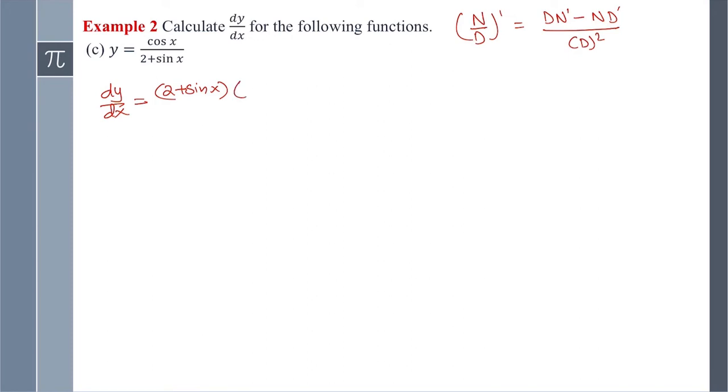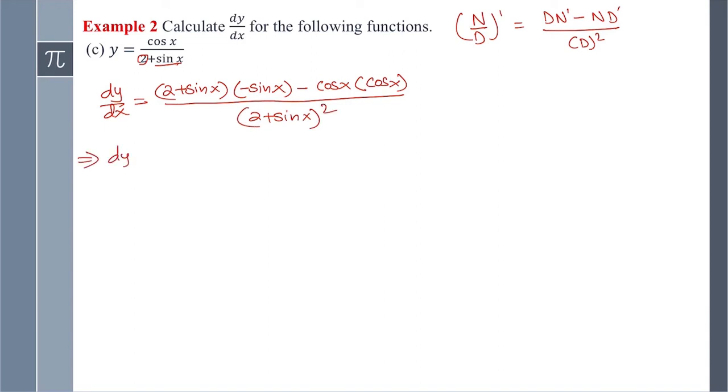times derivative of numerator, so derivative of cosine x is negative sine x minus numerator, which is cosine x, times derivative of denominator, so derivative of 2 is 0, derivative of sine x is cosine x. Then everything divided by 2 plus sine x, the quantity squared.